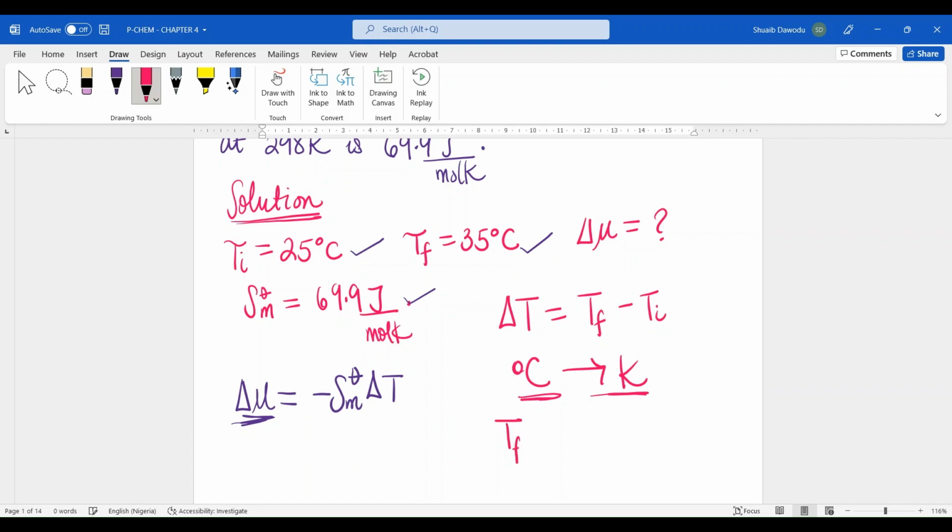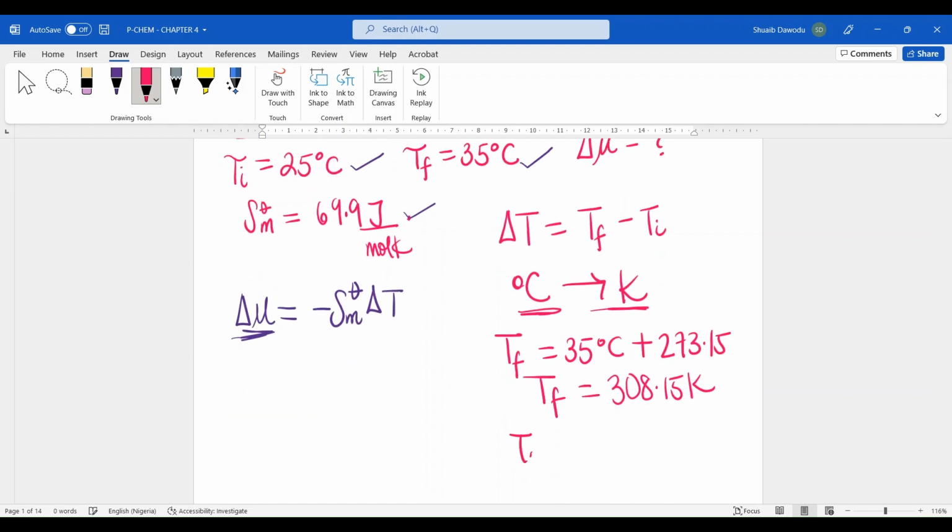You see T final, it is 35 degrees Celsius. We can make it Kelvin by just adding 273.15. T final then becomes 35 plus 273.15, which is 308.15 Kelvin. Then you see the T initial, 25 degrees Celsius plus 273.15, so you end up here with 298.15 Kelvin.